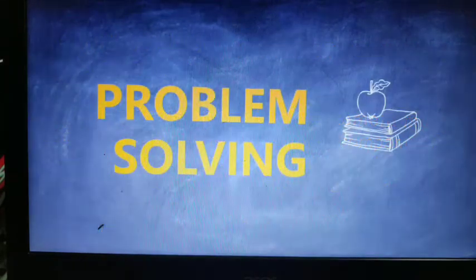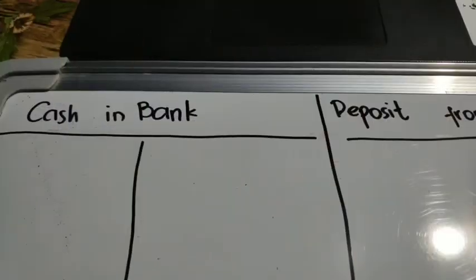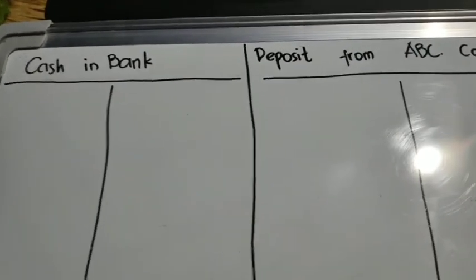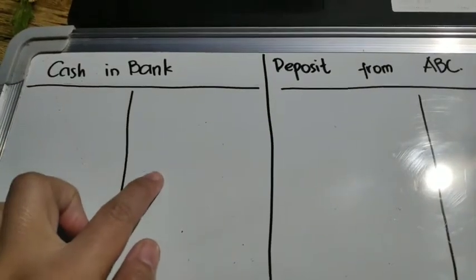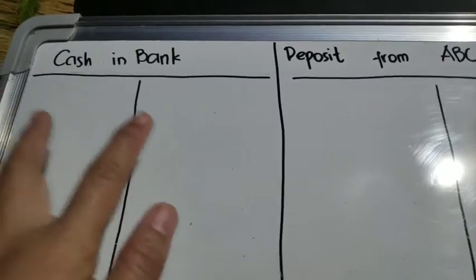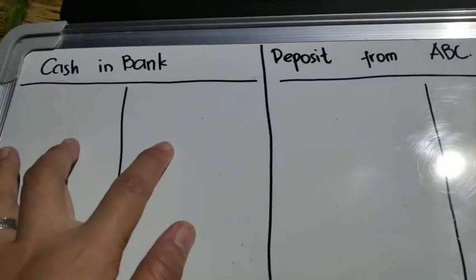So, now we will proceed to the problem solving related to bank reconciliation. In your bank reconciliation, this is the cash in bank. This is the side for the company, or the part for the company.